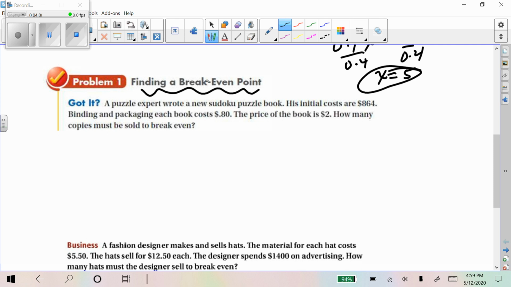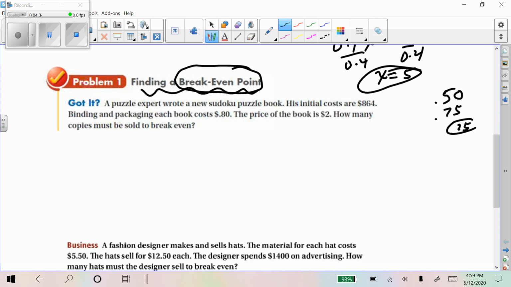So break-even point: if you own a business and you want to make profit, you have to take in more money than you're spending. Here's something really simple. You buy a candy bar for 50 cents. If you sell it for 50 cents, you make no money. If you sell it for 75 cents, you make 25 cents.